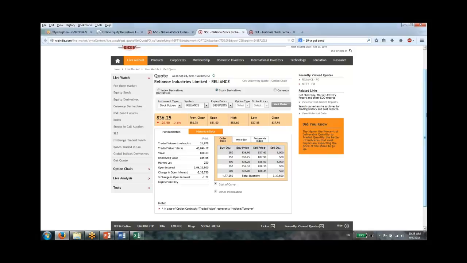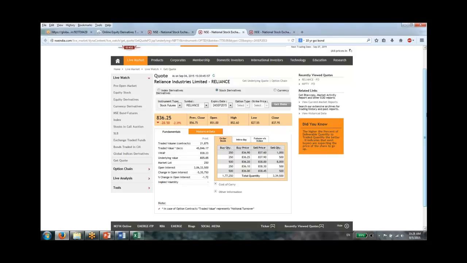Open interest decreasing and share price increasing is short covering. Why? Because people are leaving the market. But what does the futures price increasing indicate?